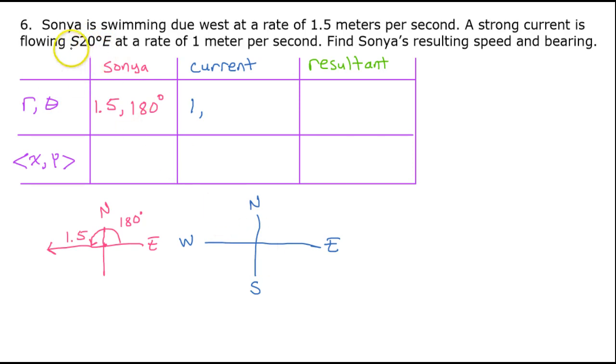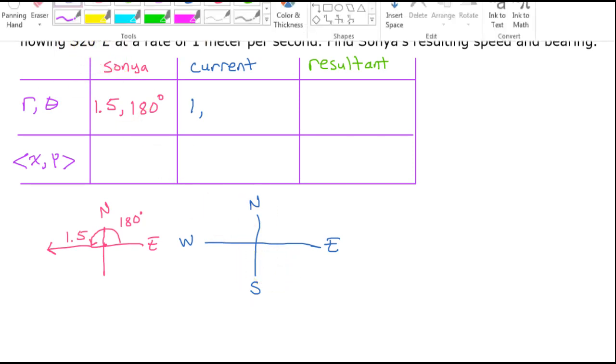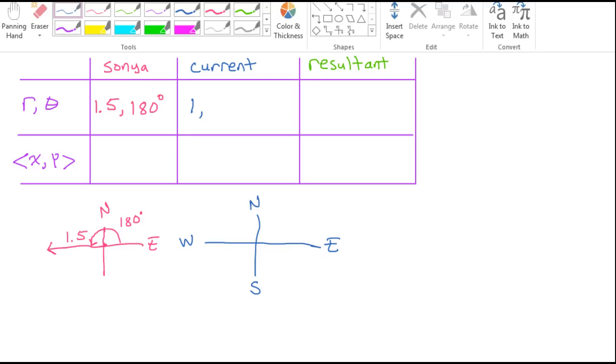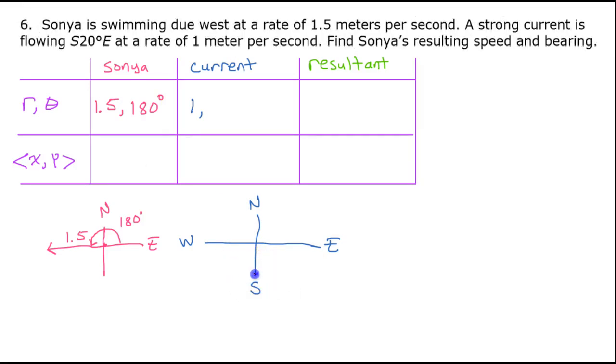So when it says south 20 degrees east, that means start by looking south, which would be right here, but then turn 20 degrees towards east. So we started south, but then we're going to turn 20 degrees towards east like this. So that means this is 20 degrees right here.